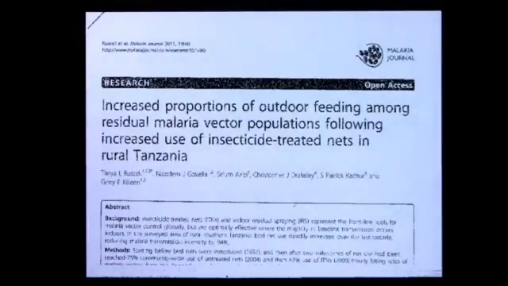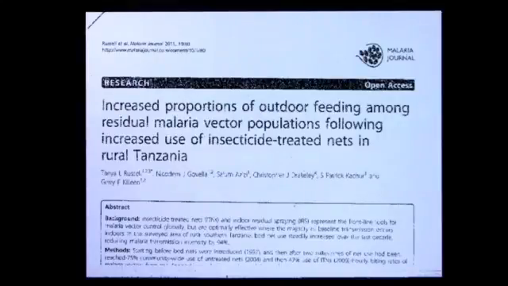But then challenges arise. Now this is some work that's been done in Africa, but also repeated in the Pacific. So they examined the Anopheles mosquitoes, before and after a program for insecticide-treated nets. This was in Tanzania. And what they found is that after this program, an increased proportion of mosquitoes were feeding outdoors.